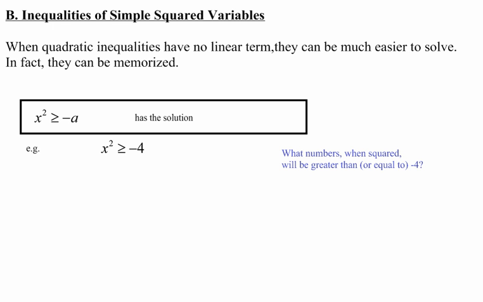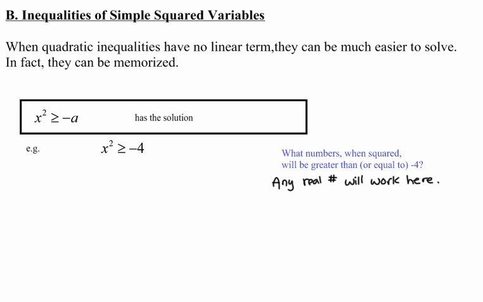When is x squared greater than or equal to negative 4? Think about it. What numbers when squared will be greater than or equal to negative 4? Really, any real number will work here. Why?